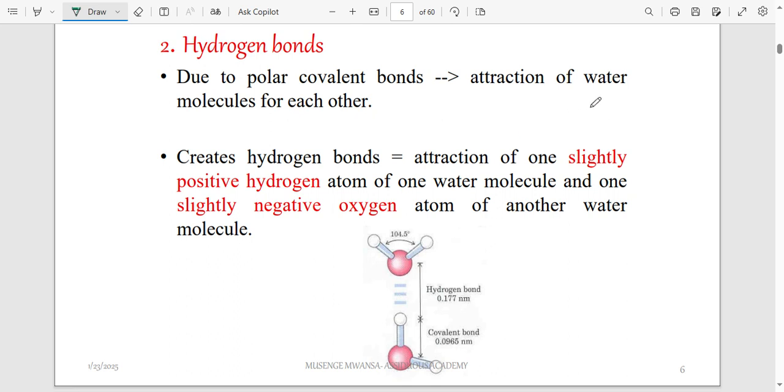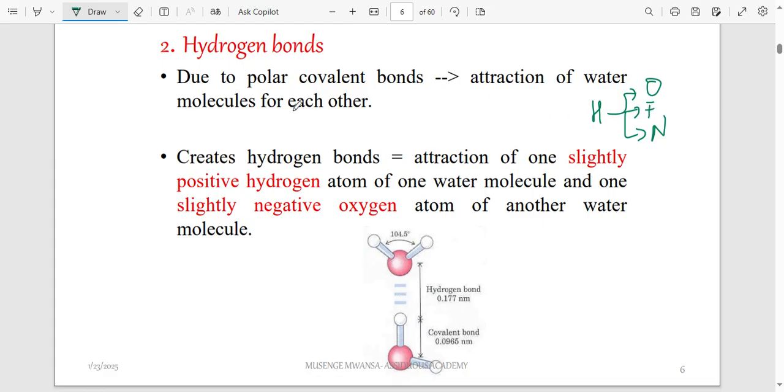Actually, hydrogen bonds happen between hydrogen and other molecules which are electronegative. And because the hydrogen in water has a partial positive charge, it is able to interact with oxygen, fluorine and nitrogen of other molecules, because these are going to be negatively charged.